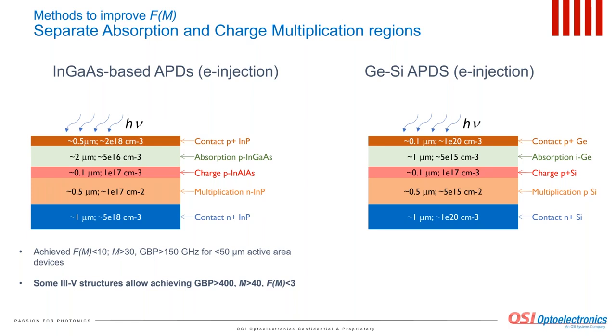Silicon is characterized by better ionization coefficients for electrons than germanium, which makes silicon a preferred multiplication layer. The non-equilibrium holes drift towards the anode on the top and do not participate in avalanche multiplication. Typical values for the excess noise factor achieved for germanium-silicon APDs are around 3 with an avalanche gain of about 30.